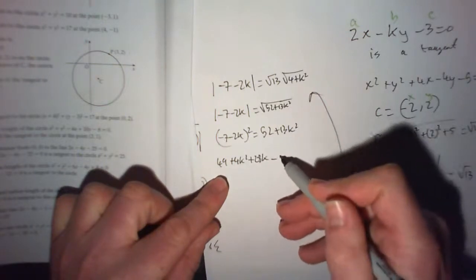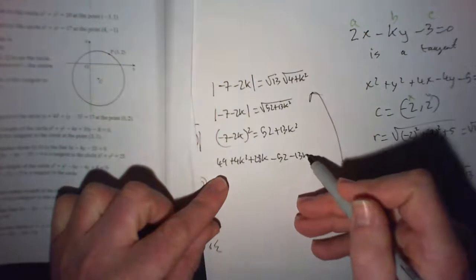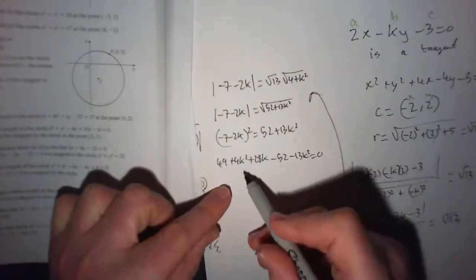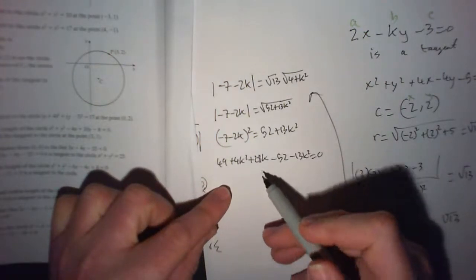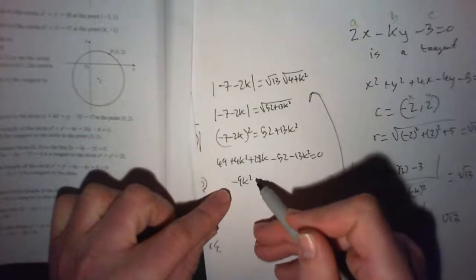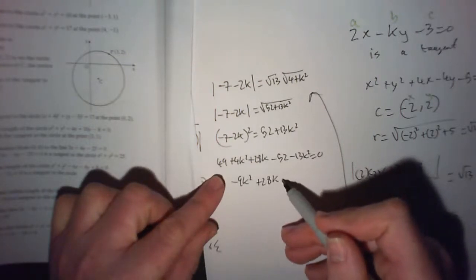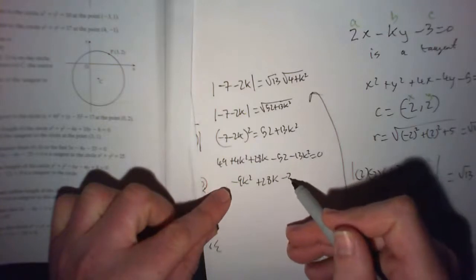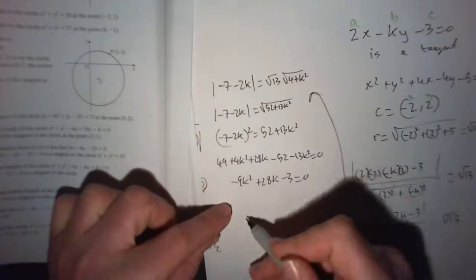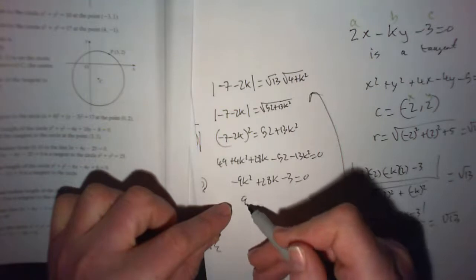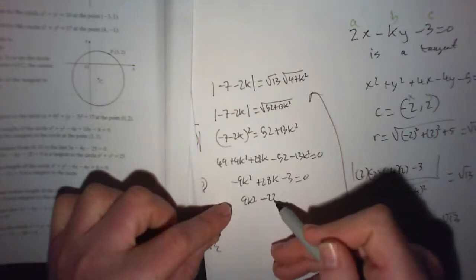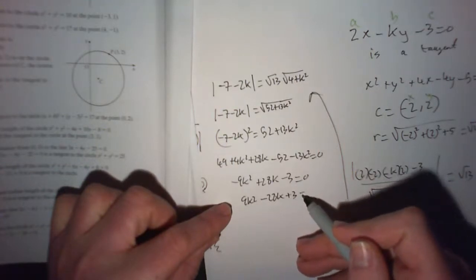Let's bring these over. Minus 52 minus 13k squared equal to 0. Let's tidy this up. What do we got? Minus 9k squared plus 28k. And then what are we left with? Minus 3 equal to 0. Let's rearrange that and solve. That's 9k squared minus 28k plus 3.